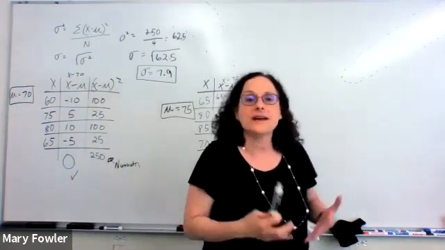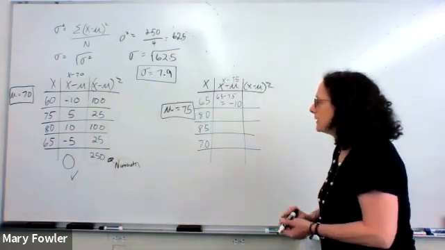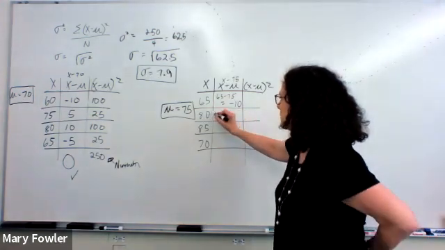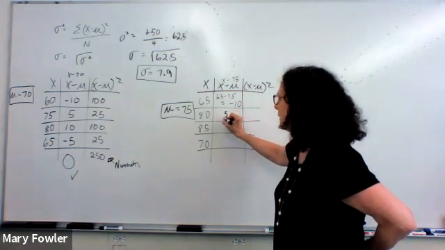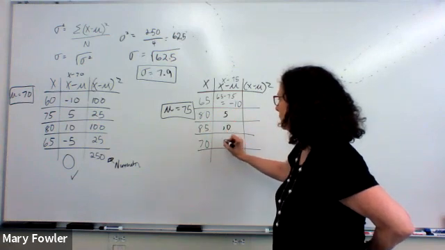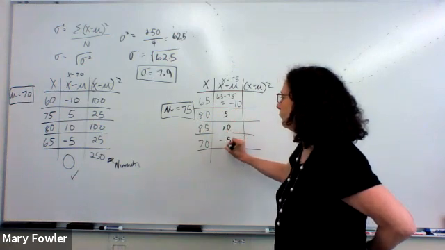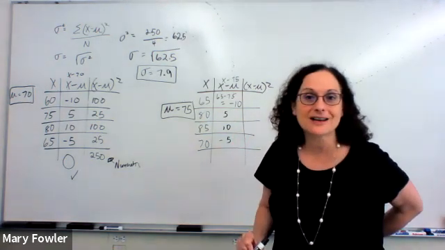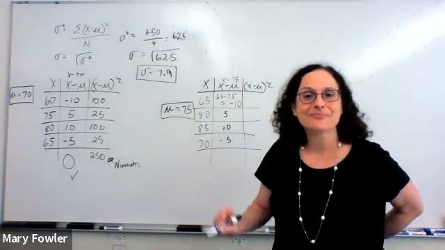Now we can go through this. We can subtract the 75 from each of these. If you want to, you can follow along. Maybe you can already guess what the standard deviation is going to be.